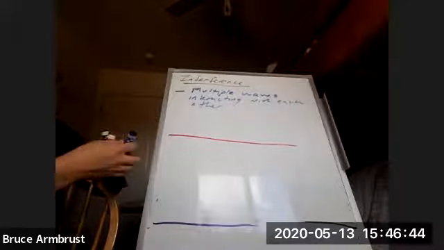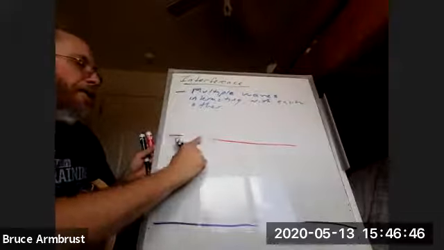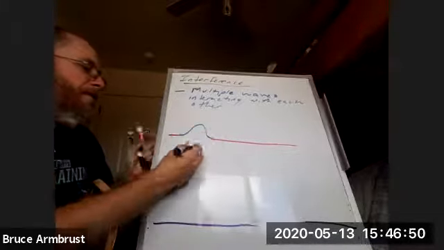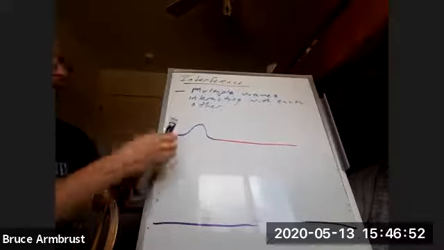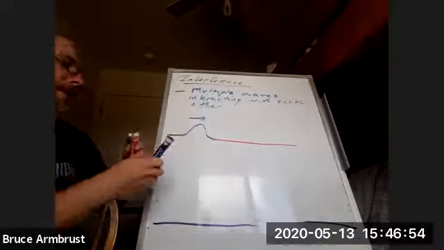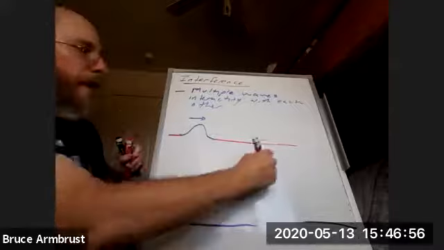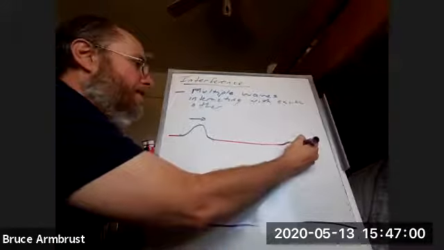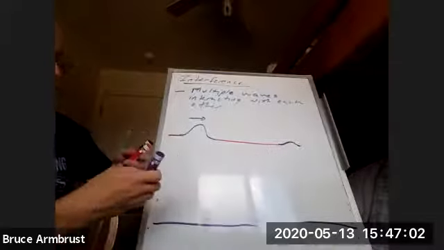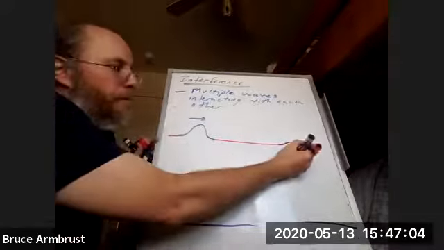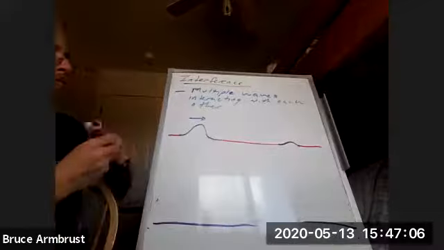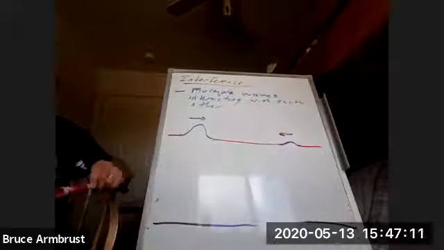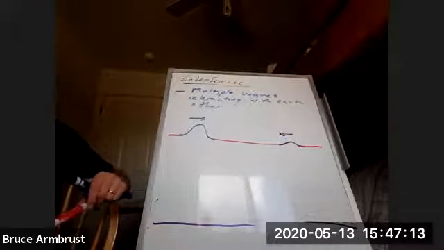So maybe Max and I are on opposite sides of this string and we each give it a little pulse. Let's say this is mine and I'm sending it this way. And then maybe Max sends another one. I'll make that one shorter so that we can definitely see that there's a difference. Okay, so we've got these two waves coming together.